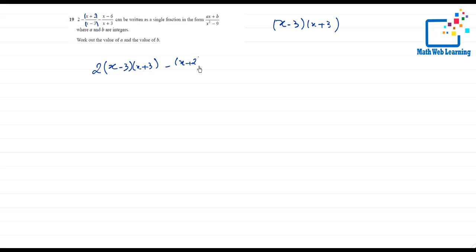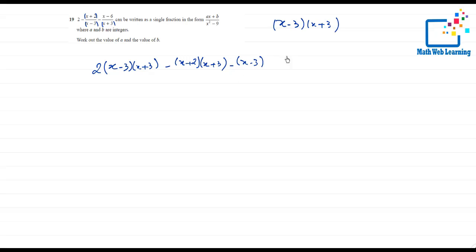Plus 2, and we'll times it by x plus 3. And we've got minus that bracket, x minus 6. Well, it is not a bracket, but we have to put it into a bracket. This is x plus 3. That x plus 3, so we need to multiply by the other one, the x minus 3.